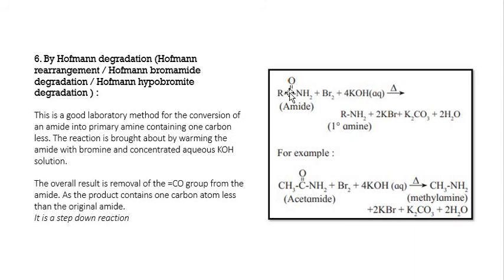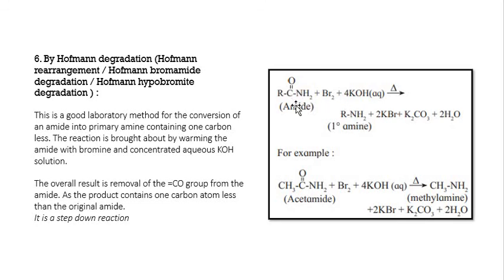The overall result is the removal of the carbonyl group from the amide, and an amino group containing compound will be formed, or you can say amine will be formed as a product having one less carbon than the compound which we have taken as a reactant.